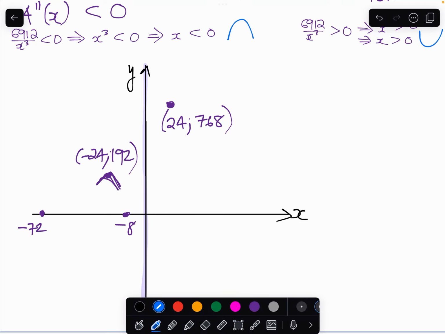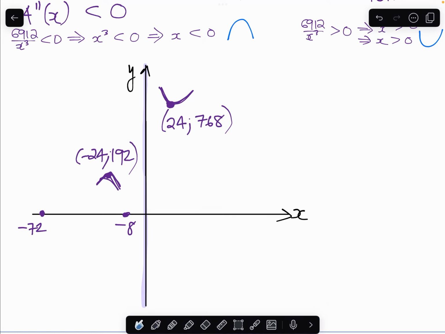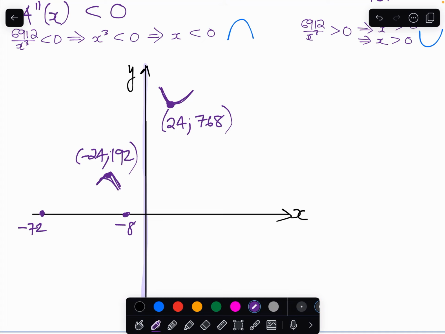Cool. So we know that this is a local minimum, and I'm going to assume that the graph is going to approach the asymptote, and there's no change in concavity, so it's just going to do that.